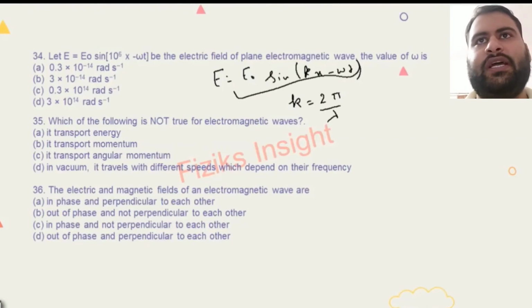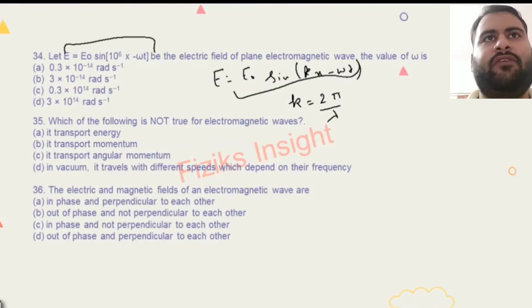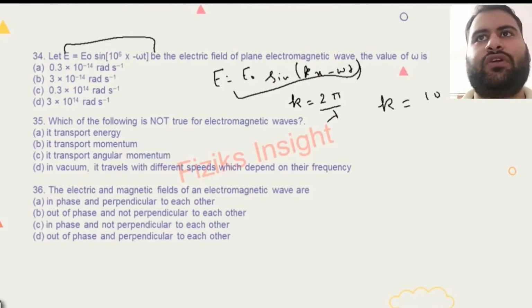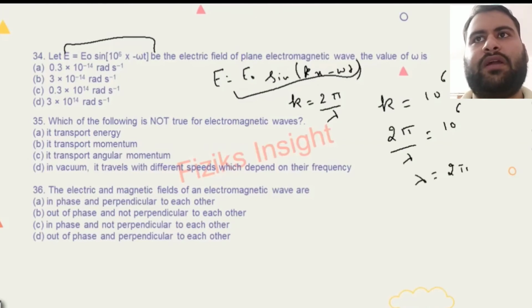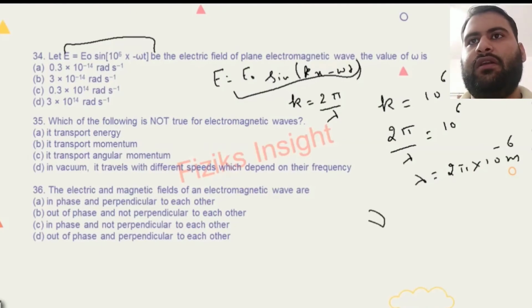Now if we compare this equation with the given E is equal to E naught sine 10 raised power 6 x, so your value of k comes out to be 10 raised power 6, and it is equivalent to 2 pi by lambda. So lambda comes out to be 2 pi into 10 raised power minus 6 meters. Now in order to evaluate frequency, you can easily determine it with the formula.